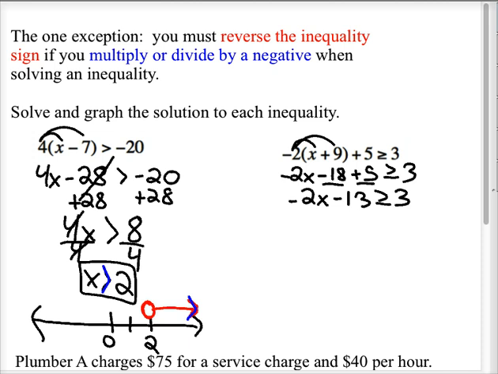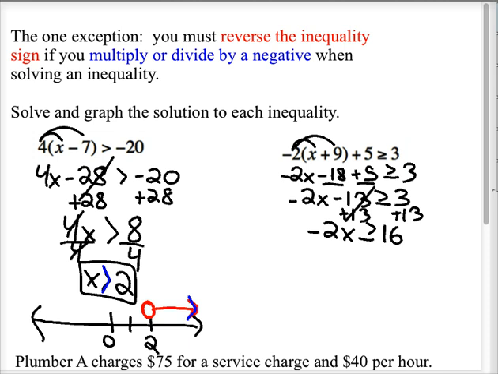Now, once again, we are talking about solving an inequality just like how we solve equations. So what that means, same order for the process. So I'm going to take care of that subtraction first. So I'm going to add 13 to both sides. So negative 2x is greater than or equal to 16.